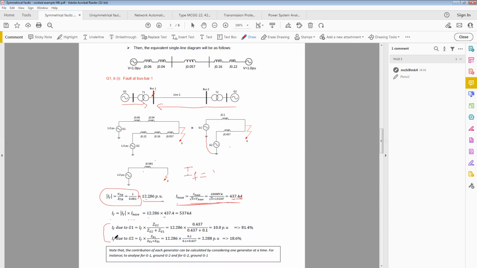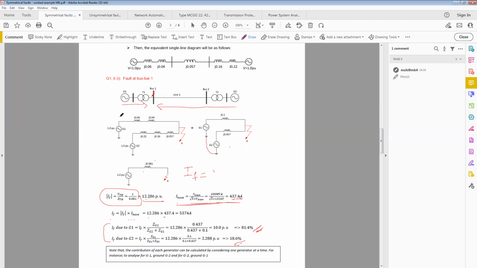So since we know this, the fault current from G1 is the total fault current times the impedance of the other branch, which is 0.43, divided by the sum of the impedances. So that we'll get 81.4%, and then the rest is from G2.